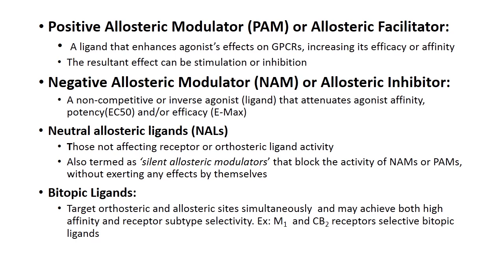A little complexity is added because there is a description of neutral allosteric ligands, nulls, and these do not affect the receptor activity of the orthosteric ligand, but they block the activity of NAMs or PAMs.